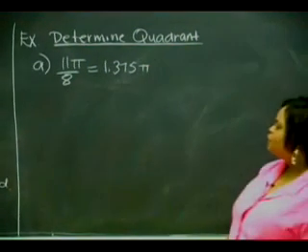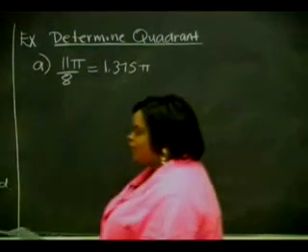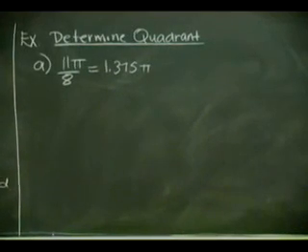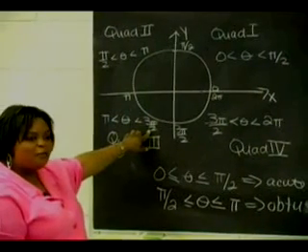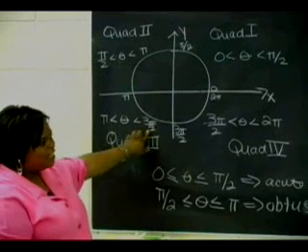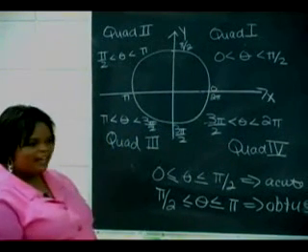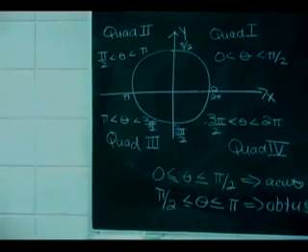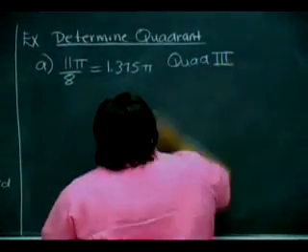So that's 1.375 pi. Now, knowing what that is, can we figure out what quadrant this angle's in? Well, this is pi, and this is 3 over 2 pi, which represents 1.5, doesn't it? So is that 1.375 between 1 pi and 1.5 pi? Yes. So this lies in quadrant 3.